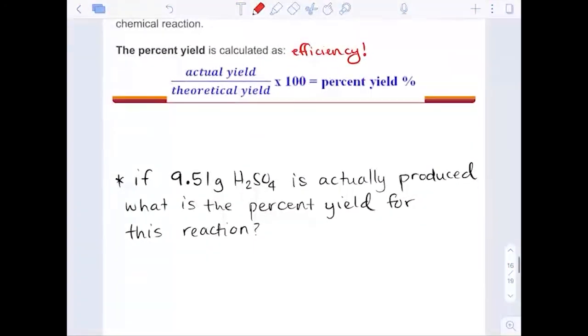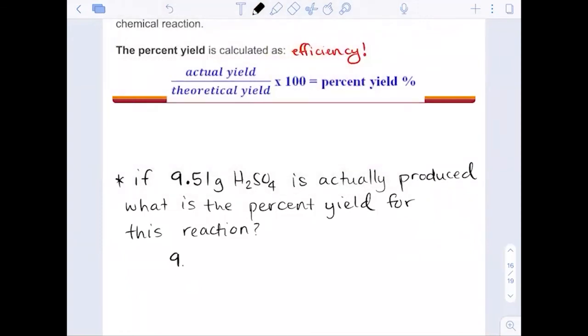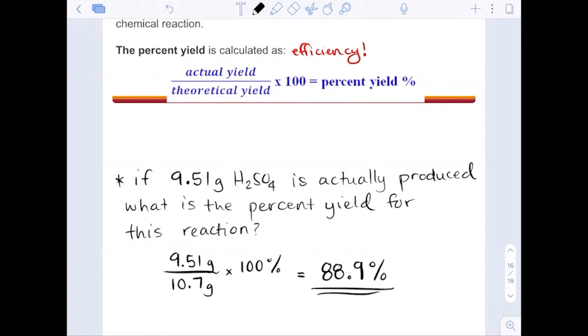Well, my percent yield is going to need both the actual divided by my theoretical times 100%. And that's where we'll be able to see the efficiency of this reaction was 88.9%. And for a chemistry reaction, that's actually not half bad.